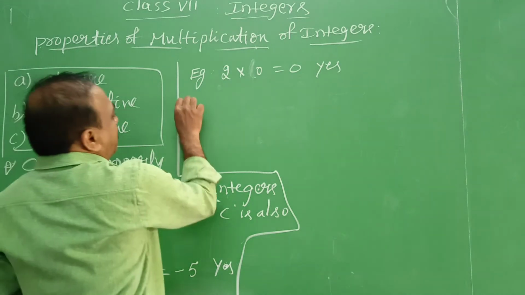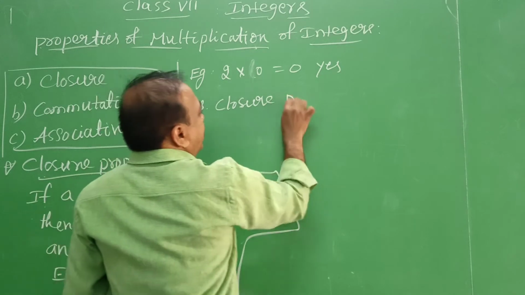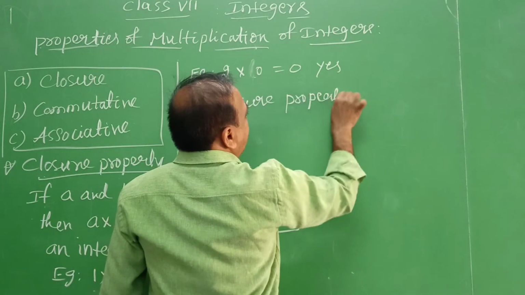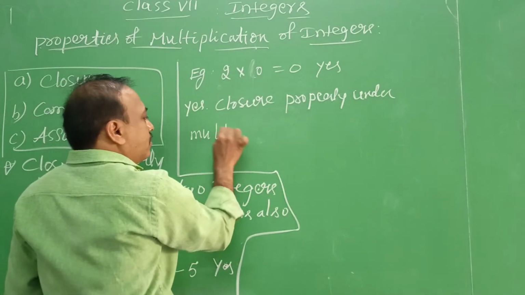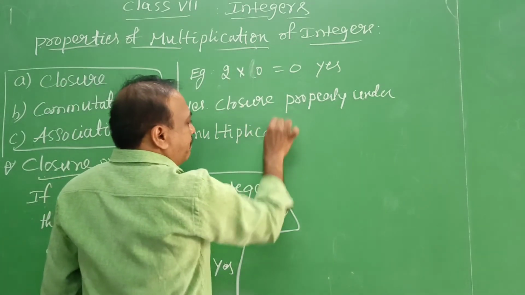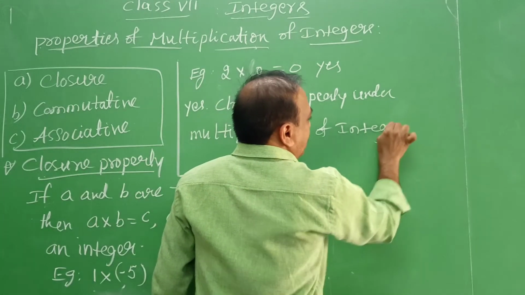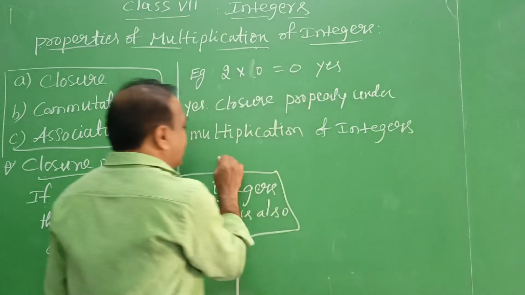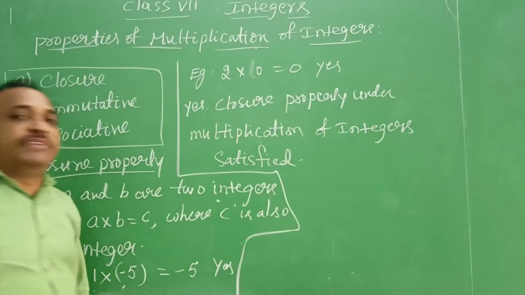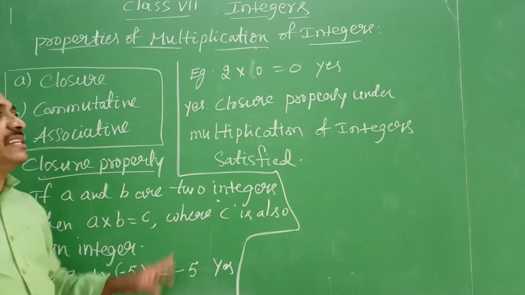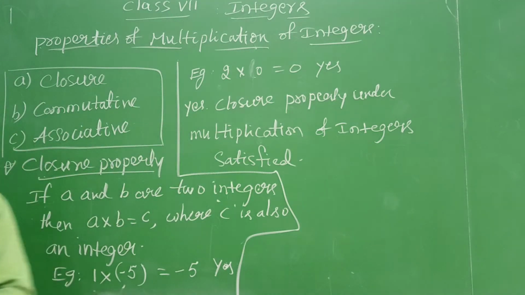Yes, closure property under multiplication of integers satisfied. It means when we are multiplying two integers, the result is also an integer. That's the closure property.